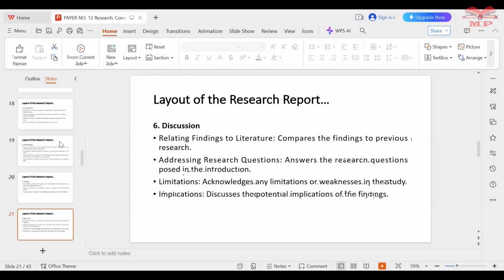And when it comes to limitations, it is important during the discussion that those who are providing a discussion in a study acknowledge any limitations or weaknesses in the study.